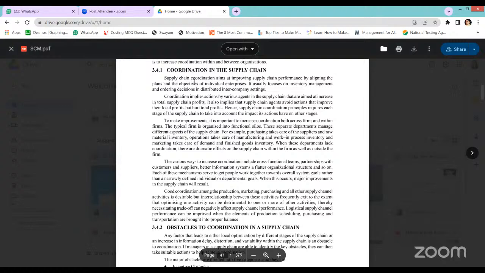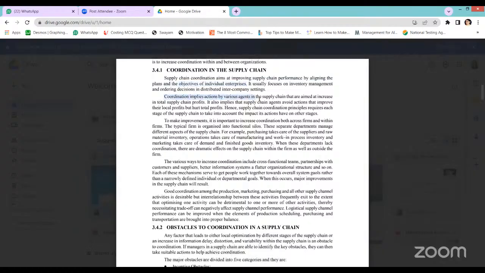Coordination aims at improving supply chain performance by aligning the plans and objectives of individual enterprises. It means coordinating the actions of various agents in the supply chain in order to increase supply chain profits. To make improvements, it is very important for every organization to increase coordination across the firms, and within the firms also.